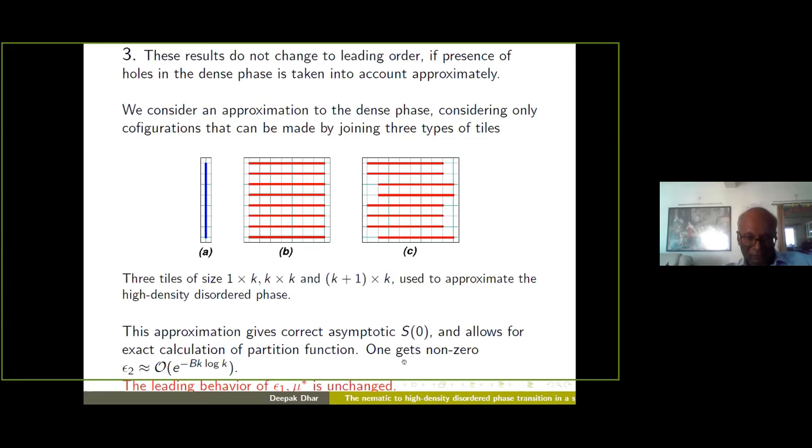But the point is that this approximation gives the correct asymptotic entropy density at full packing and allows the exact calculation of the partition function. And when you do this calculation with holes, it turns out that epsilon 2 is very small. So the old calculation which we did doesn't change much, and the leading behavior of epsilon 1 and mu star is unchanged.